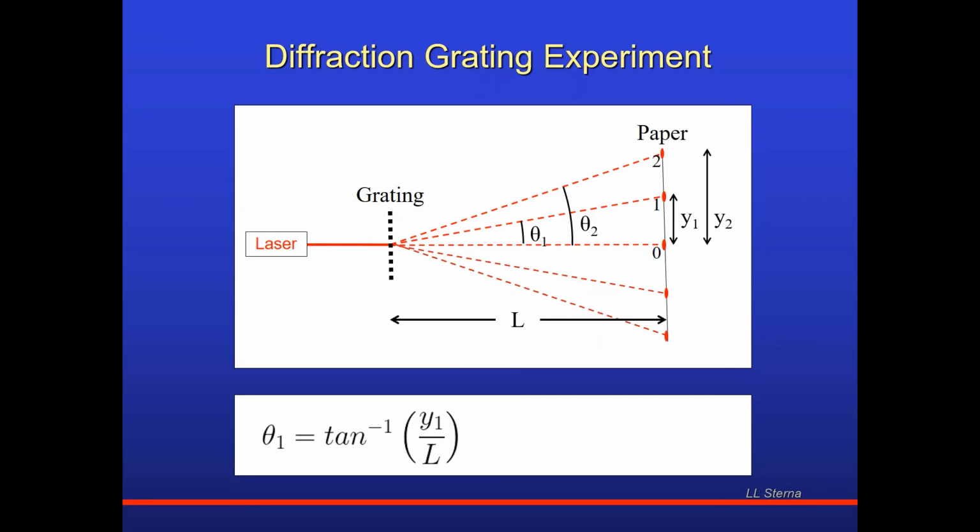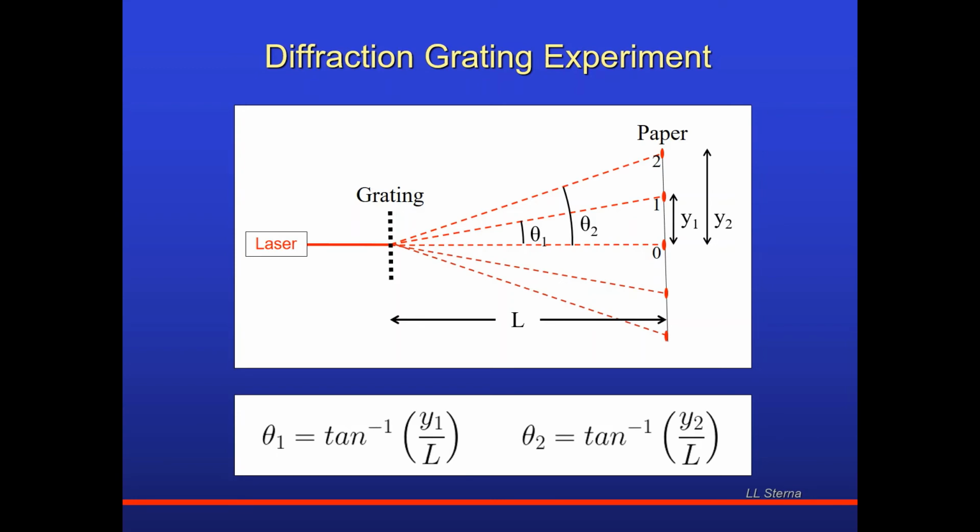Theta 2 goes from the center, 0, all the way up to 2. The tangent of theta 2 is going to be y2, the opposite side, over L, the adjacent side of the triangle. Therefore, theta 2 is tan inverse of y2 over L.